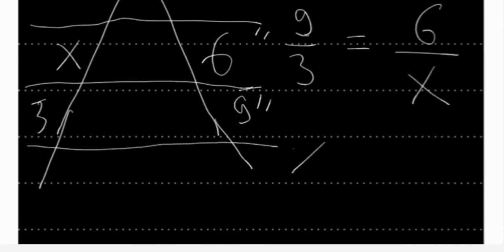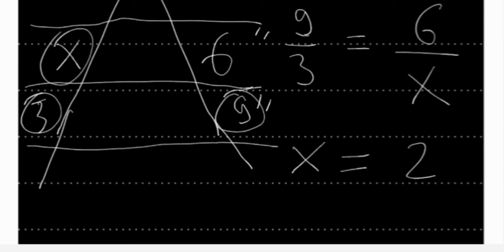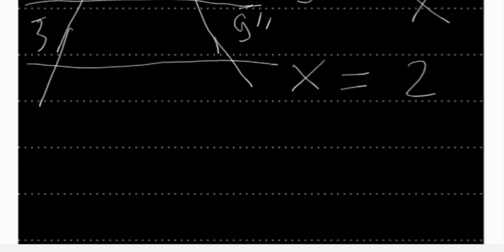In this case, this is just an example. X would be equal to 2, right? And you can see the proportionality in this example: here it was 3, if you multiply it by 3 you'll have 9, and here it is 2, if you multiply it by 3 you will get 6, okay? So this is the Thales theorem.